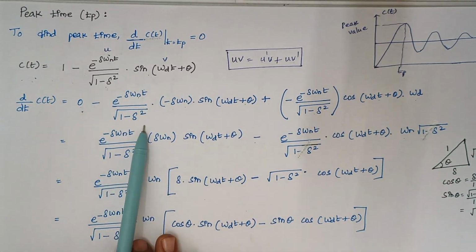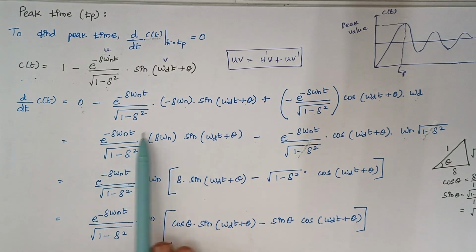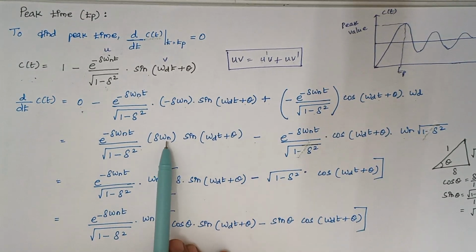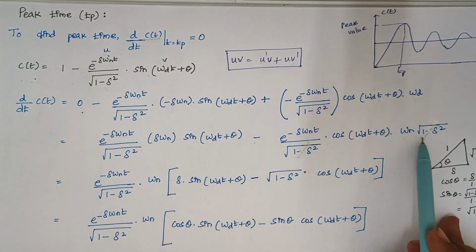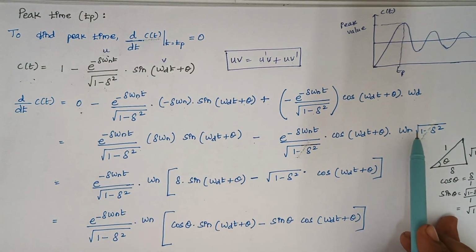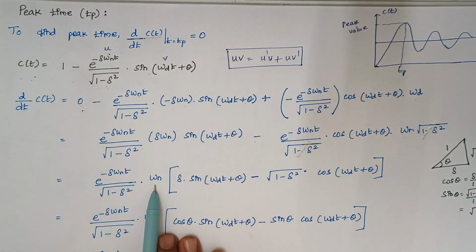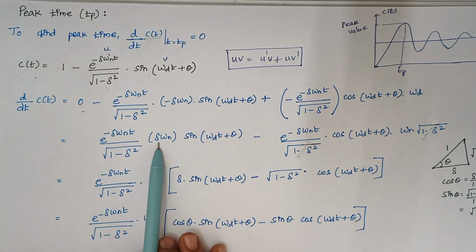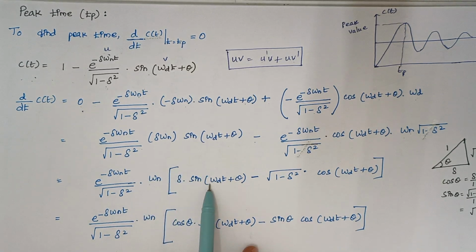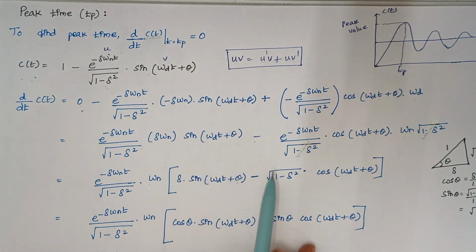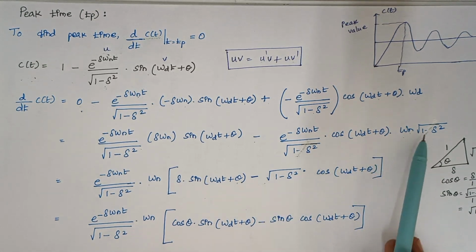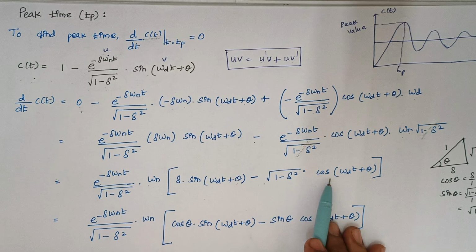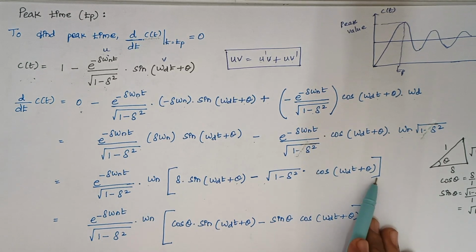This term is present in both cases, so we take it outside. Here we also have omega n in both, so I am taking omega n also. When omega n goes out, the remaining terms will be zeta into sine omega d t plus theta minus square root of 1 minus zeta square into cos omega d t plus theta.